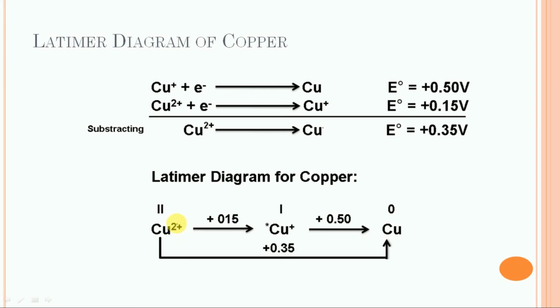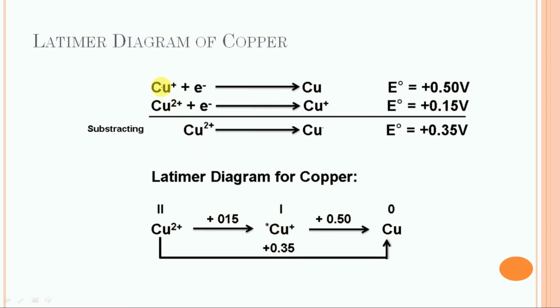On moving from left to right, the potential becomes more positive. Hence the species in the middle, that is copper positive, is unstable to disproportionation. In other words, it behaves both as a self-oxidizing and self-reducing agent because it is energetically favorable.